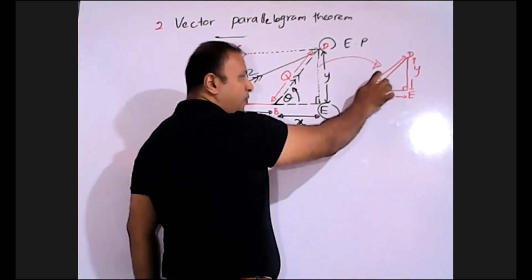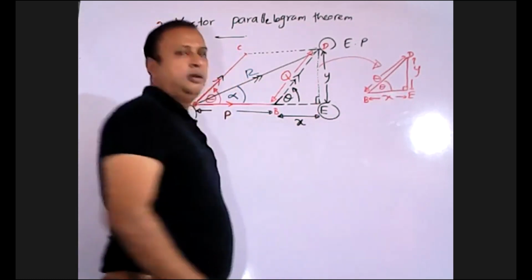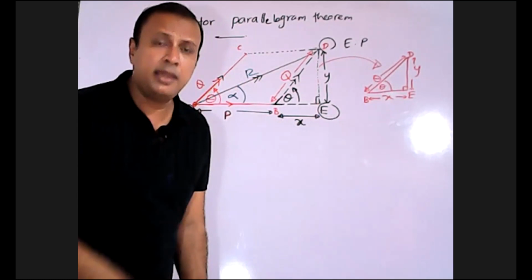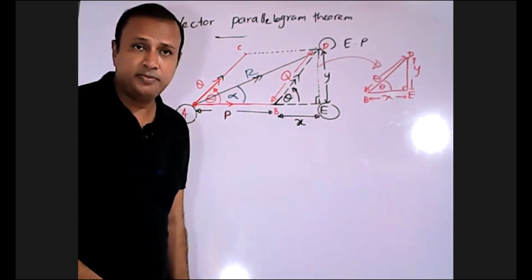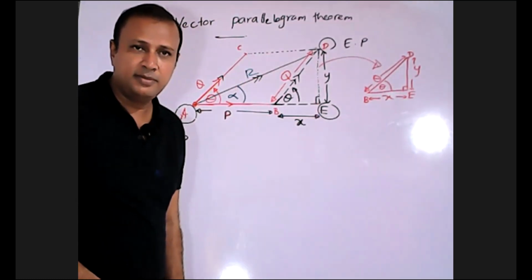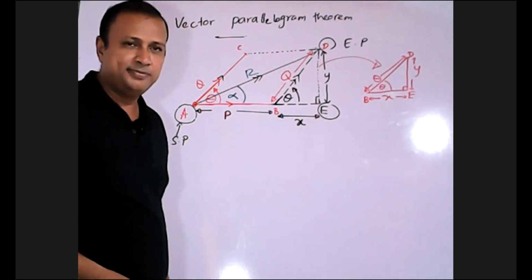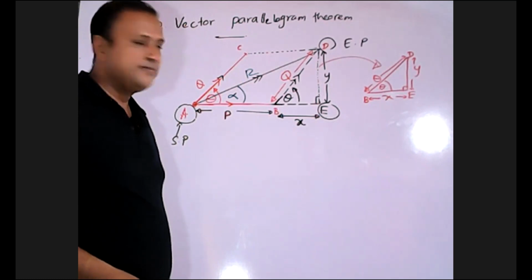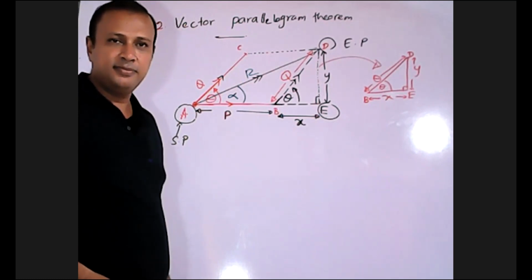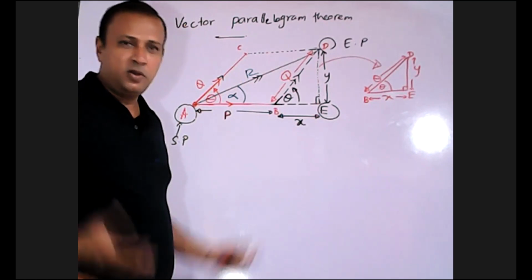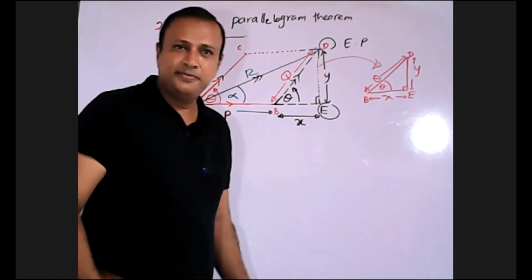If you want to find adjacent side, what would be your trigonometric ratio? What is the most suitable trigonometric ratio if you want to find x?